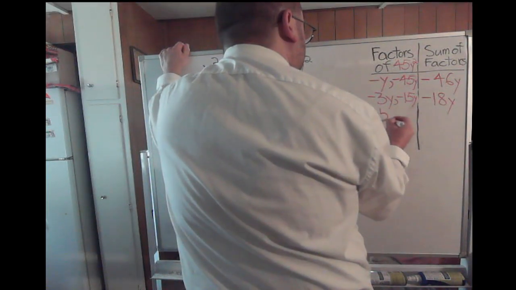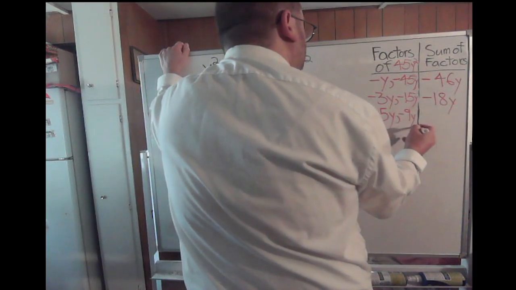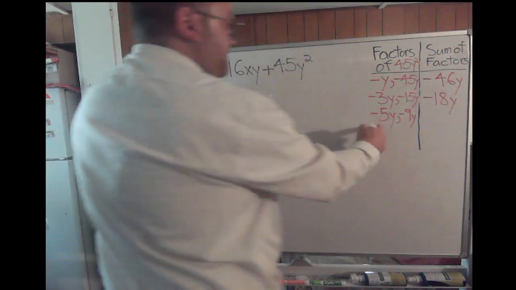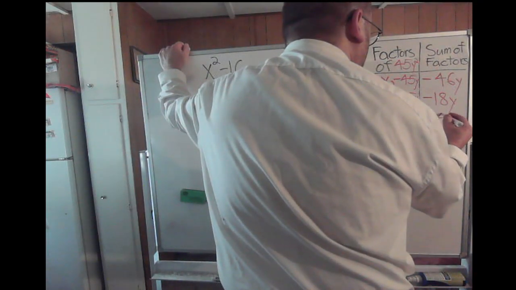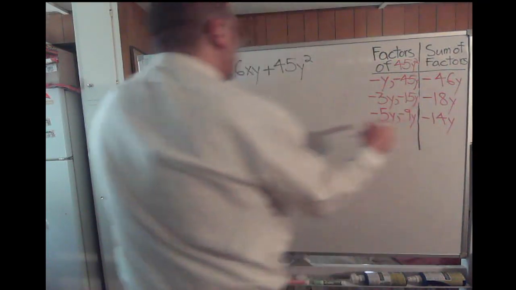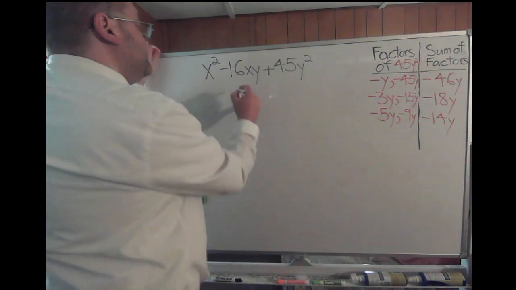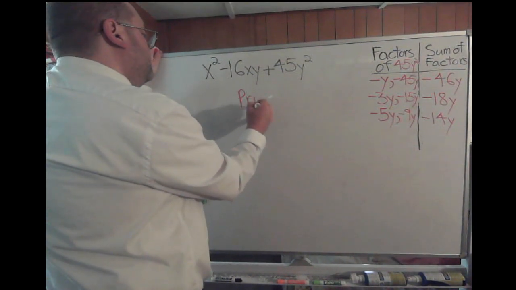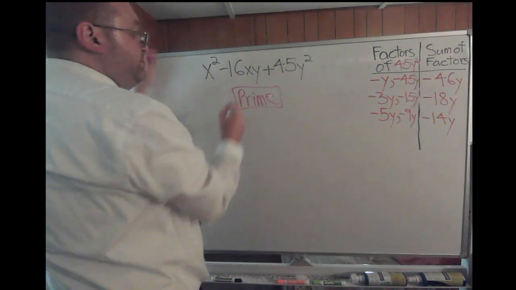Then we got negative 5y and negative 9y. Well, negative 5y, negative 9y will give you negative 14y. Negative 14 is definitely not negative 16, so this is another prime polynomial. We cannot factor it. This is a prime polynomial.